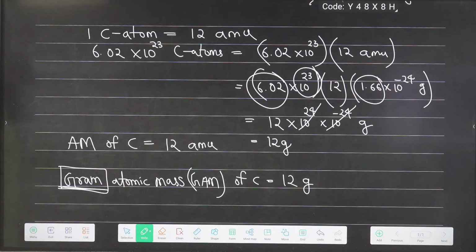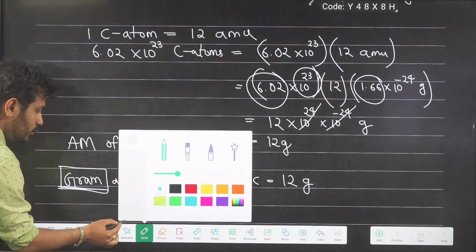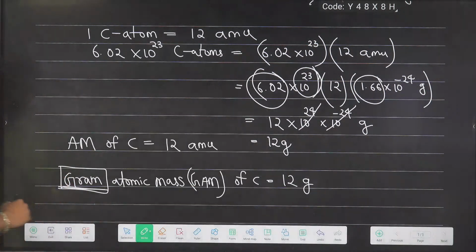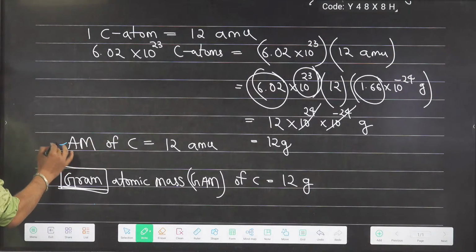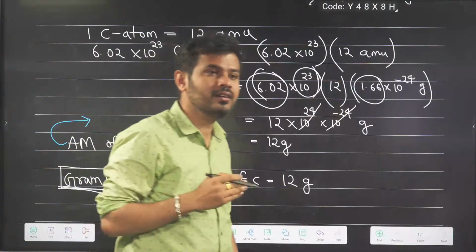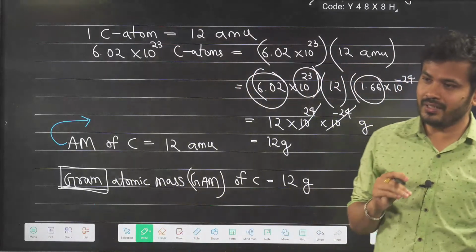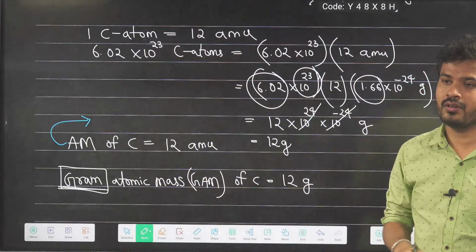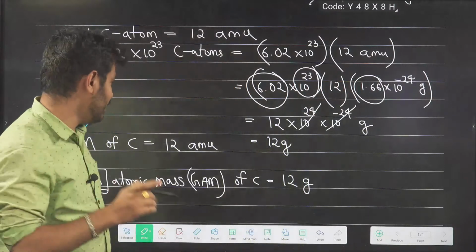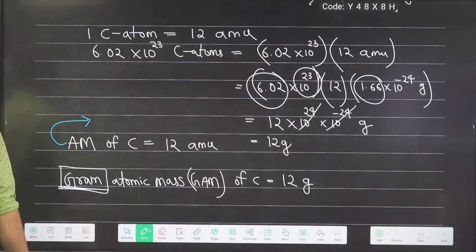Yes. And furthermore, I want to ask you a question. In atomic mass of carbon, which is 12 AMU, how many atoms of carbon is there? How many atoms of carbon is going to be 12 AMU? 1. Correct. It is 1. Who is answering? Harsita. Yes, very good.